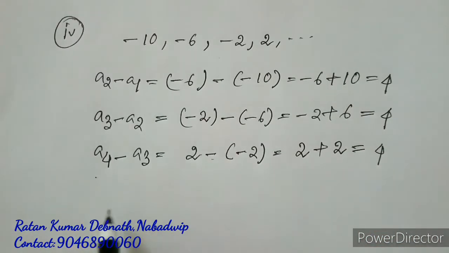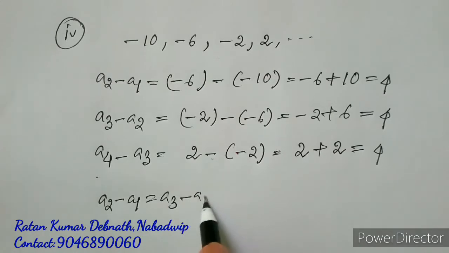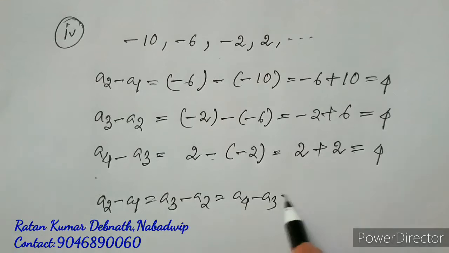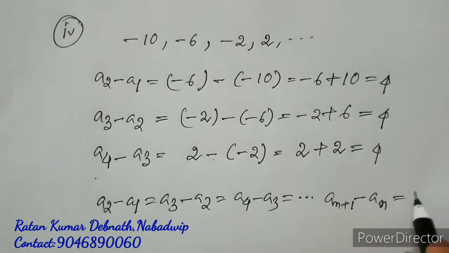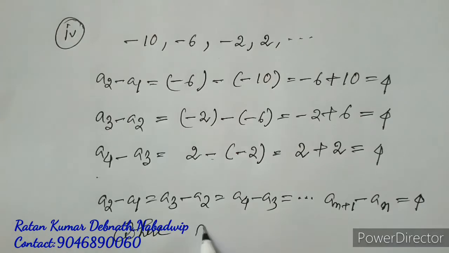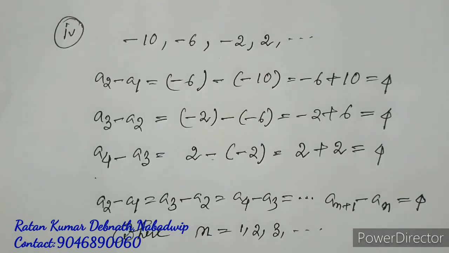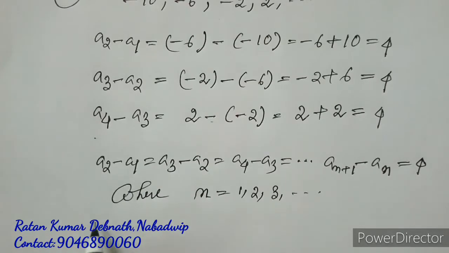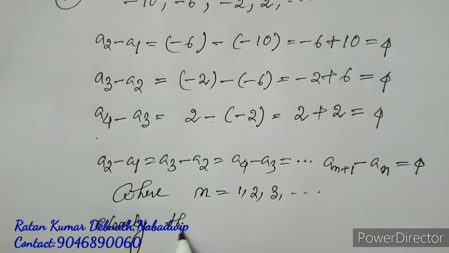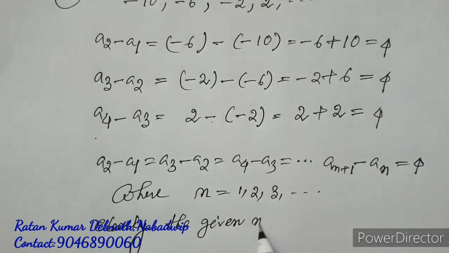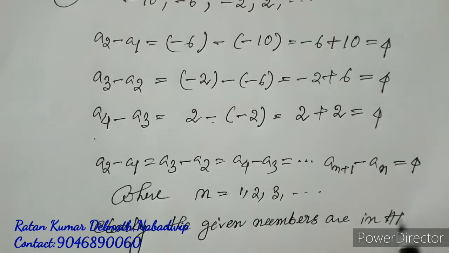So in all the cases, that is a2 minus a1 equals a3 minus a2 equals a4 minus a3 equals dot dot, a(n+1) minus a(n) equals 4, where n equals 1, 2, 3, etc. Clearly, the given numbers are in AP series.